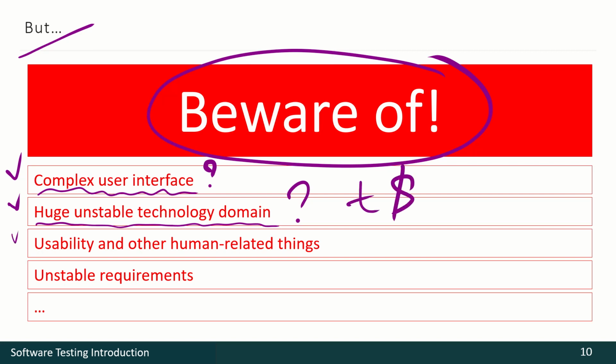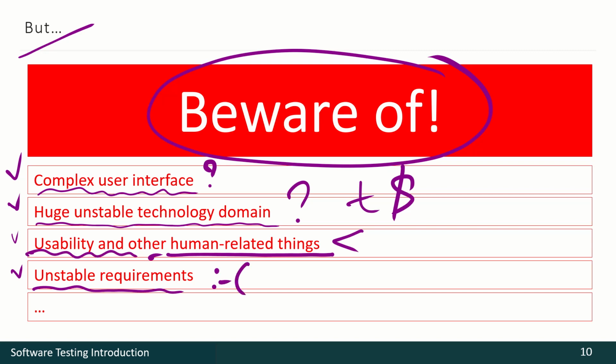If we have something like usability and other human-related things, where test results should come from humans, not from the machine, in such situations, test automation is also not as good as in previous ones. If we have unstable requirements, that's the worst situation ever.